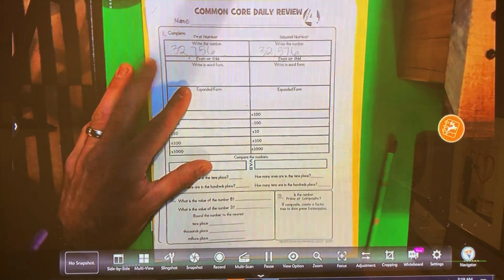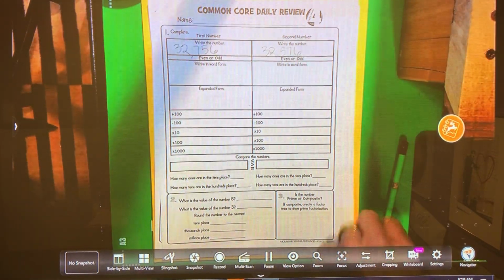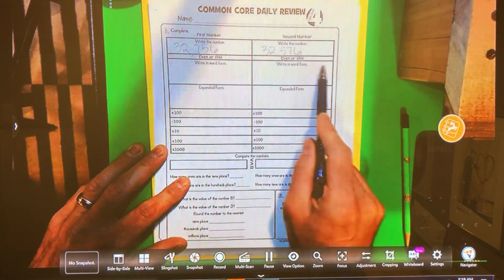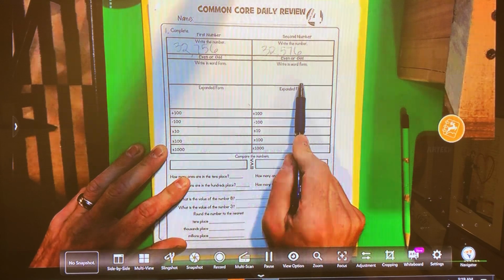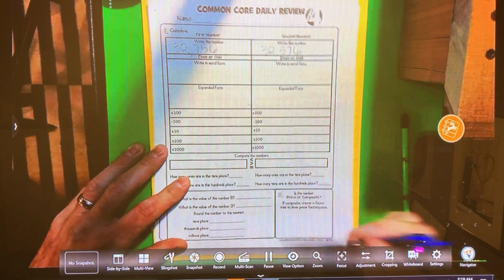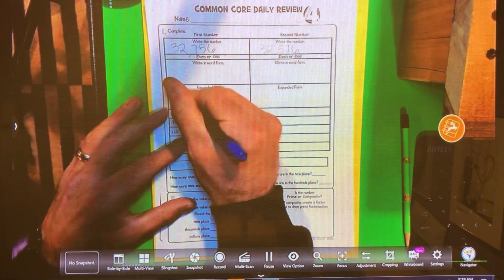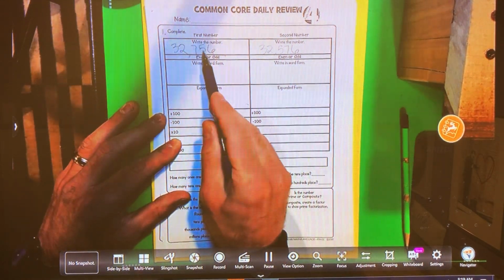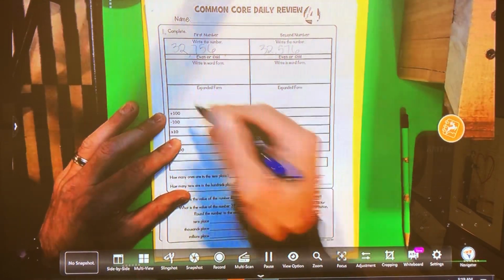Okay, and so at that point, you guys are going to determine whether or not the number is even or odd. You're going to write it into word form, put it into expanded form. That's your place value, positions, the value of each digit depending on where it is in the number.